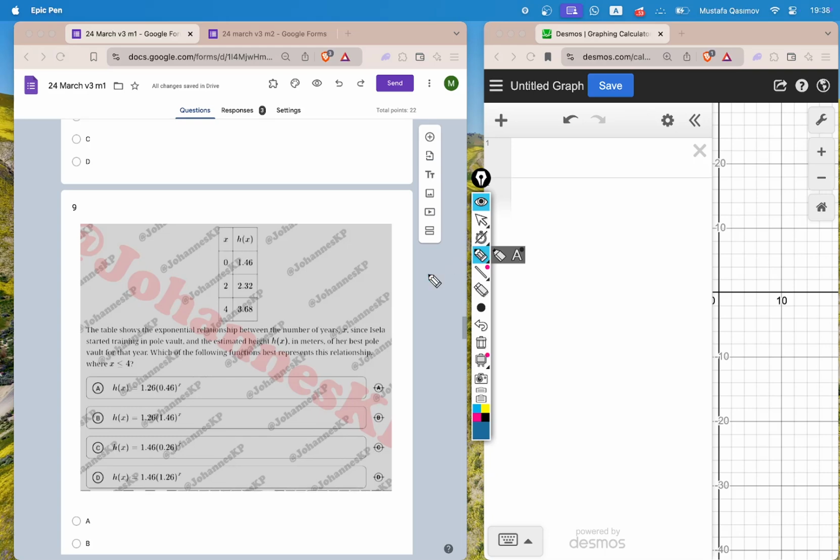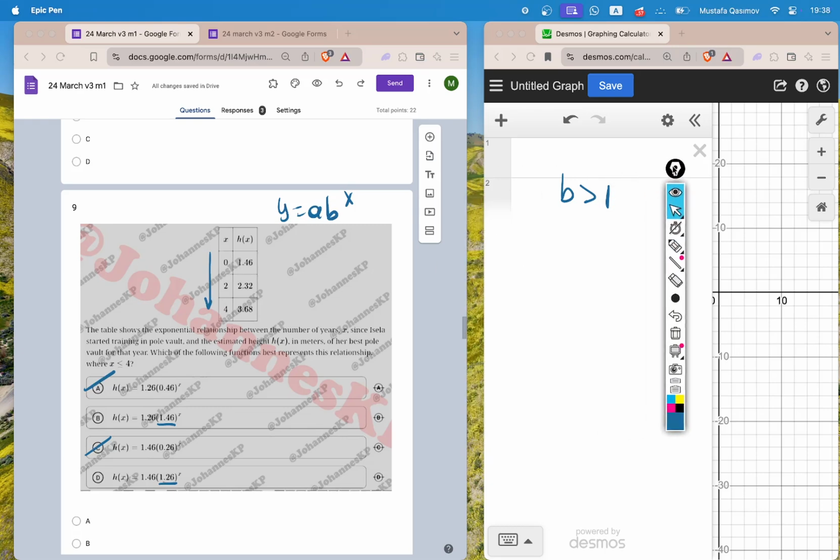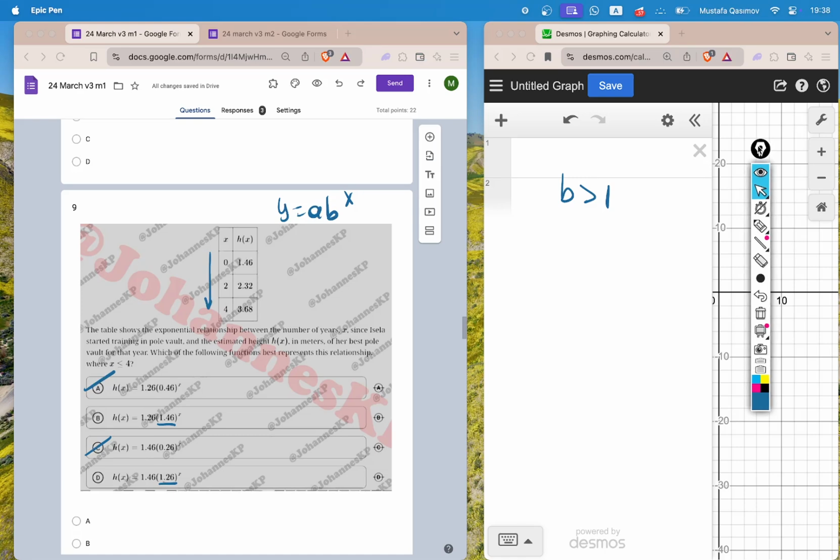Or actually you don't need to write decimals because it is increasing. For increasing exponential function, b is greater than 1. For decreasing, b is less than 1 and greater than 0. So here b has to be greater than 1, like 2. And that one means when you write instead of x 0, we have to get 1.46. So answer is D.